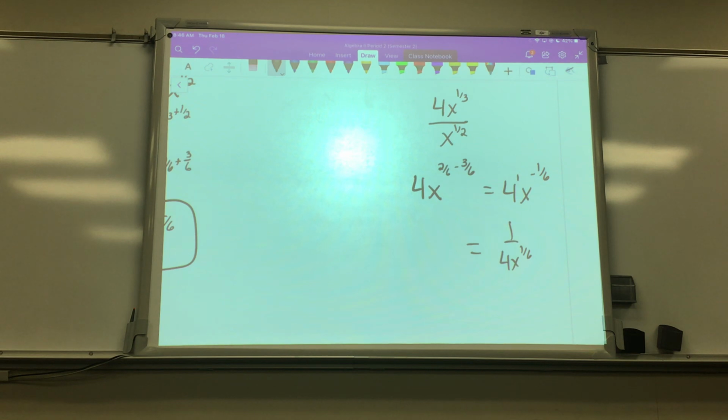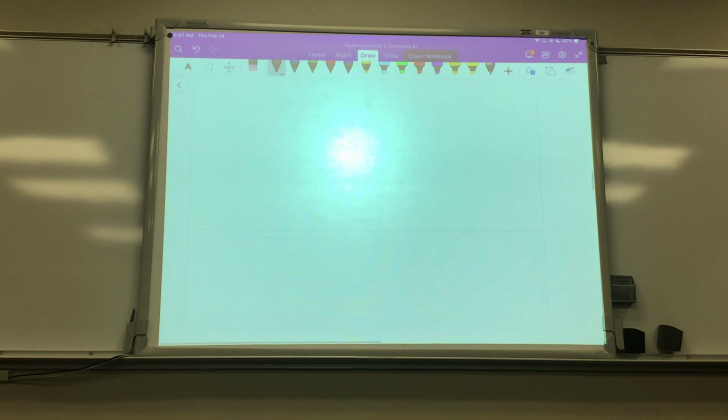Only the x is being taken to that negative exponent, so the 4 stays on top, and the x will go to the bottom. So nothing really too new with those ones.